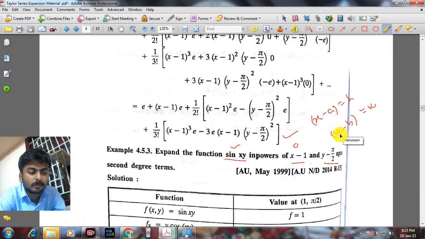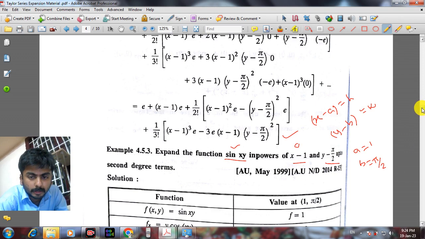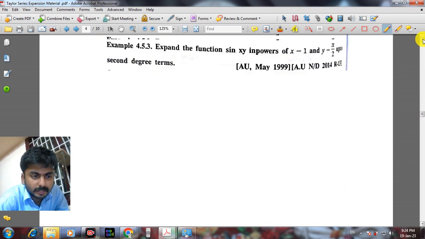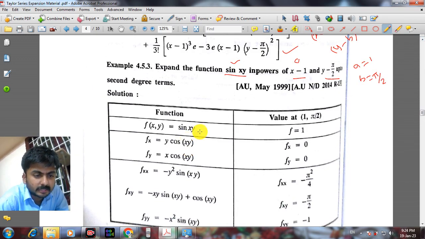So here x minus a means x minus 1, so here a equal to 1. You should not take a equal to x minus 1. Here a equal to 1 and b equal to pi divided by 2. So with these points we can easily expand sin xy.